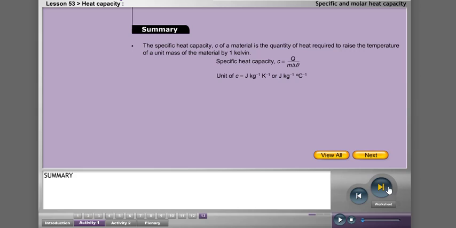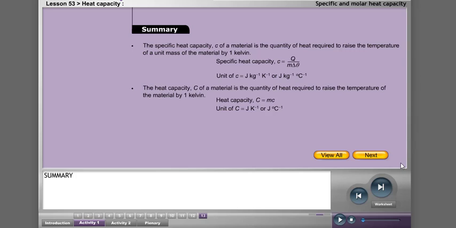Summary. The specific heat capacity c of a material is the quantity of heat required to raise the temperature of a unit mass of the material by 1 Kelvin. Specific heat capacity c equals Q over m times delta theta. Unit of c equals joules per kilogram per Kelvin or joules per kilogram per degree Celsius.